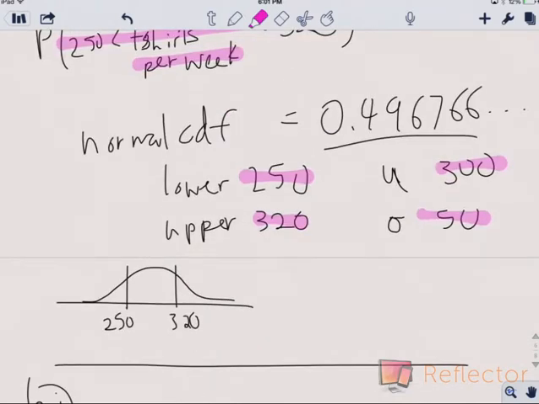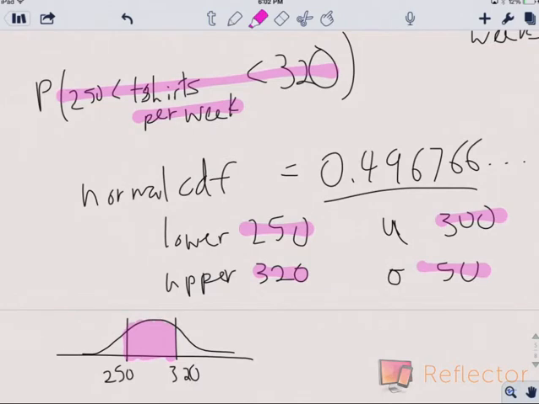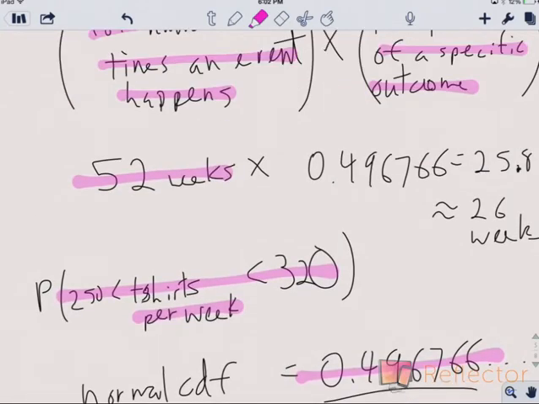What that means is basically we're finding the area between 250 and 320. So the area under the curve, under the normal distribution, is the probability that will happen. Essentially, the output from our calculator will be 0.496766..., and that's the probability that we needed to multiply by 52.